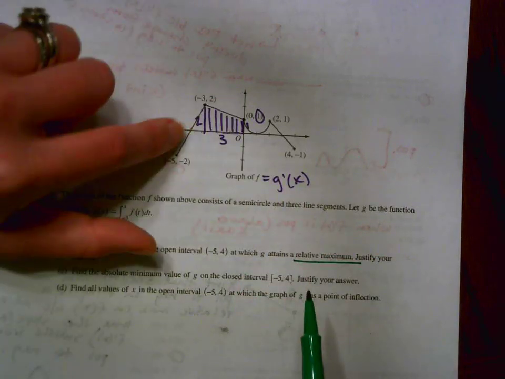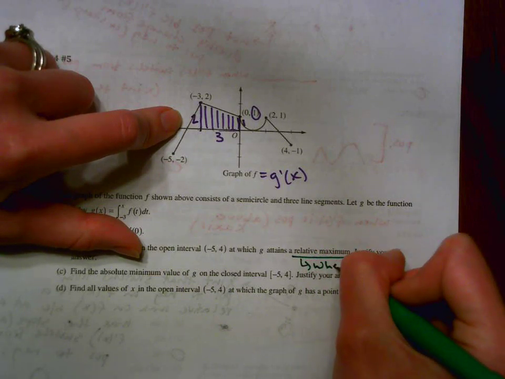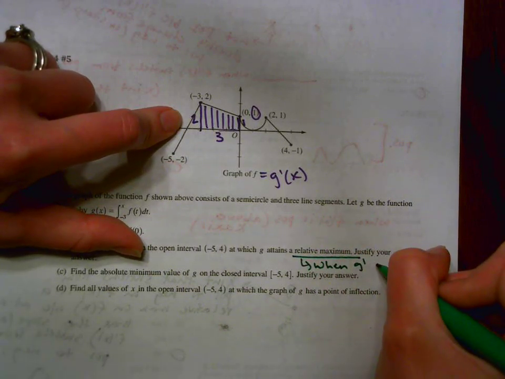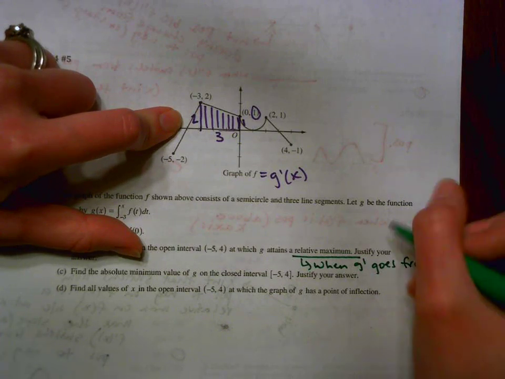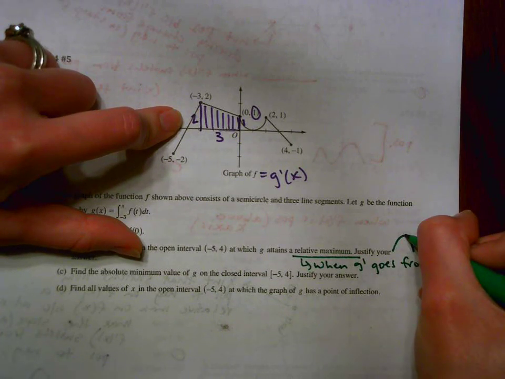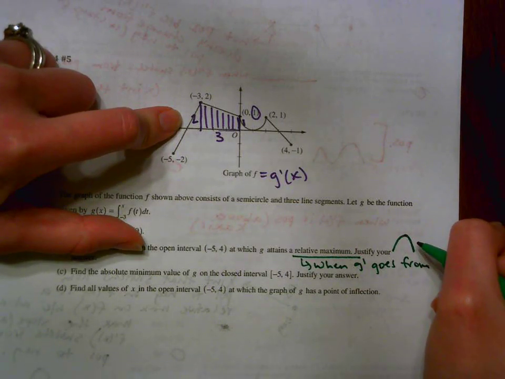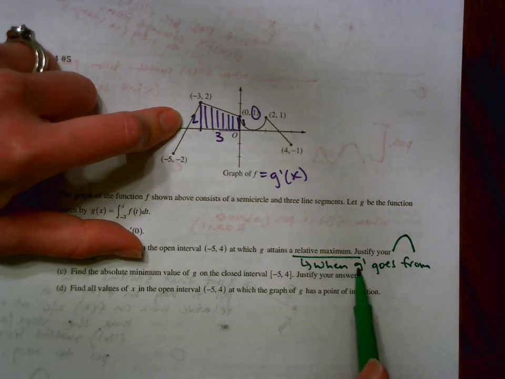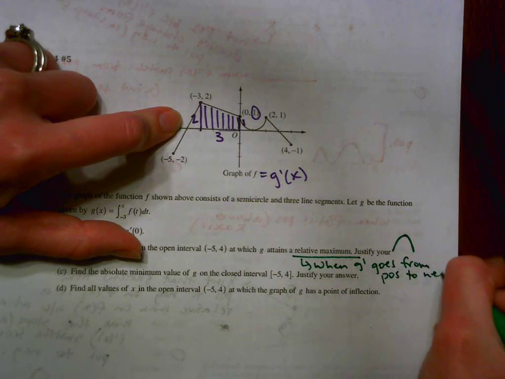So now we're looking at a derivative graph. A relative maximum is when g prime goes from what? Think about a maximum. The slope changes from positive to negative, which the slope is the derivative. So when g prime goes from positive to negative.